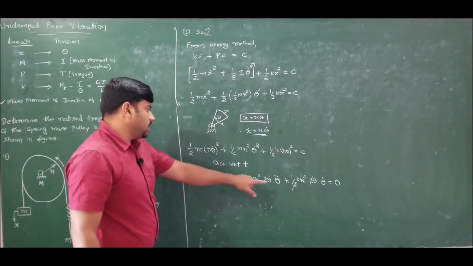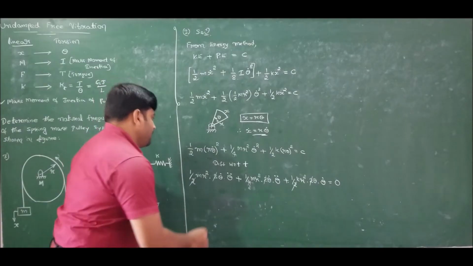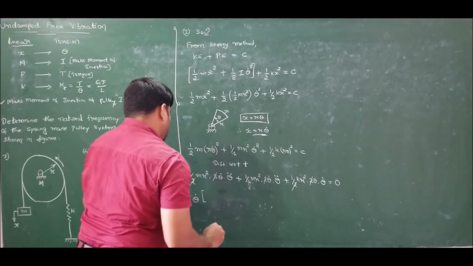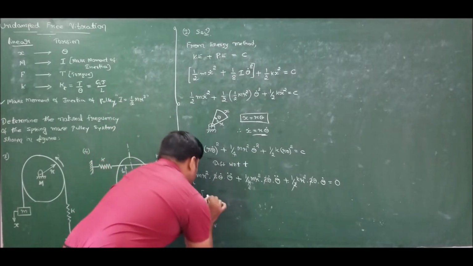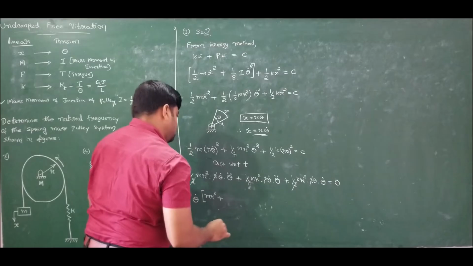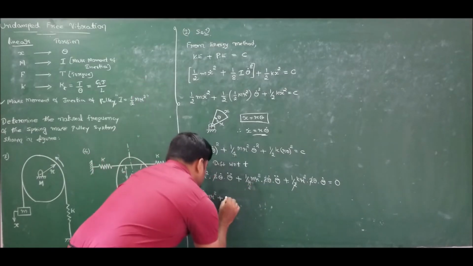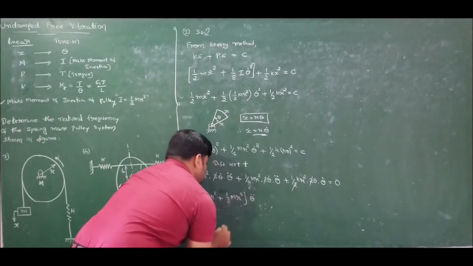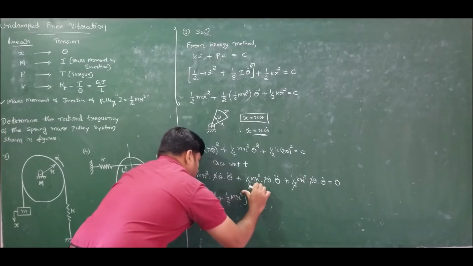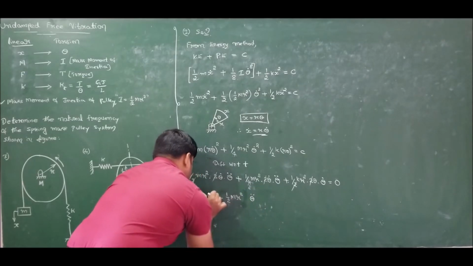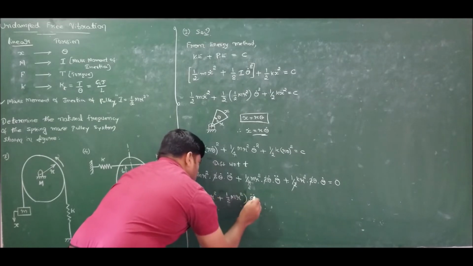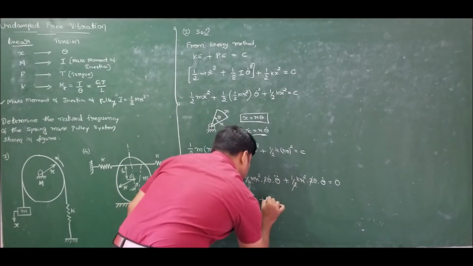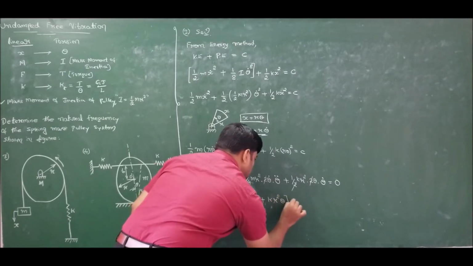Now throughout, if you observe, I can take velocity common, which is common in all the terms. So take out theta dot, and I am left with m r square theta double dot plus half m r square theta double dot, let me put it in brackets like this, plus k r square theta is equal to 0.